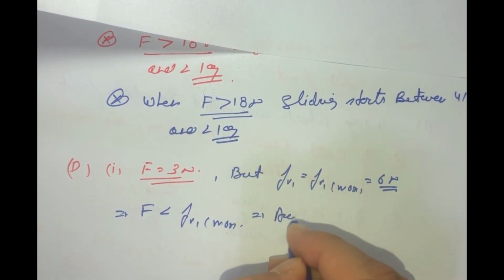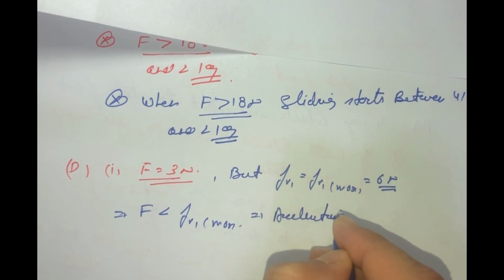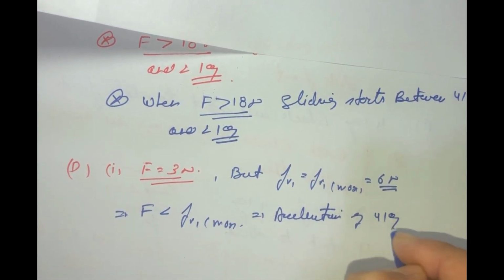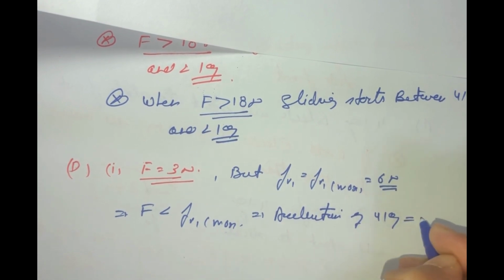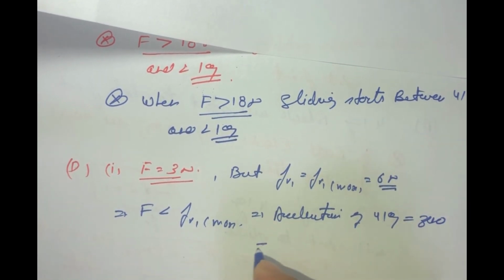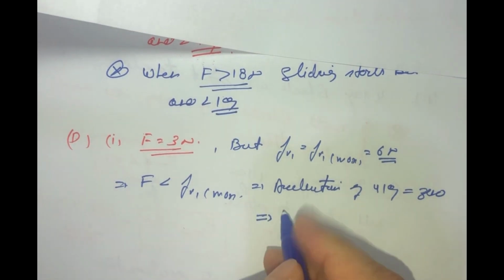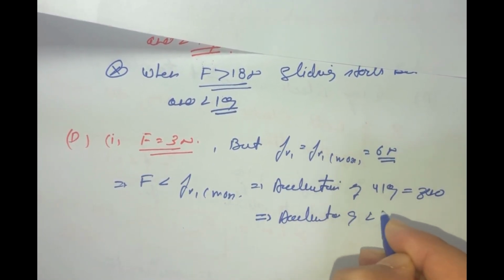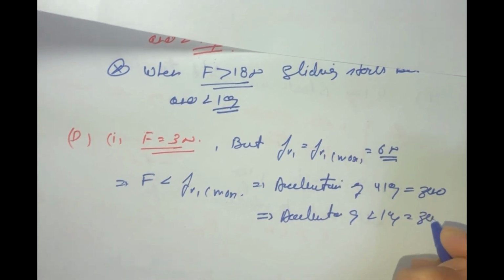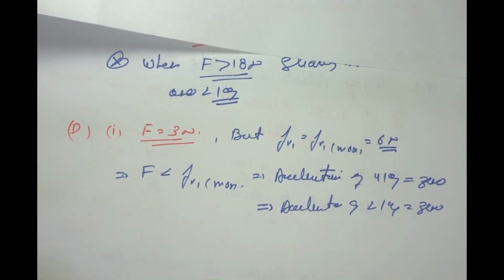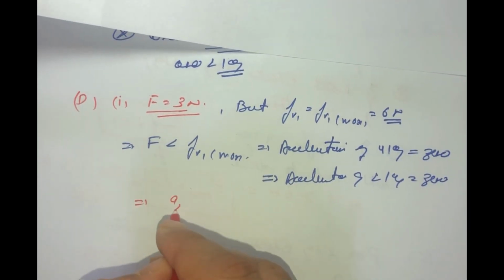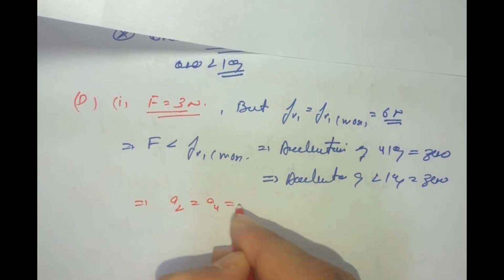You can say acceleration of 4 kg will be 0, or also we can say acceleration of 2 kg will be also 0. So we can say that acceleration of 2 kg and acceleration of 4 kg will be 0.